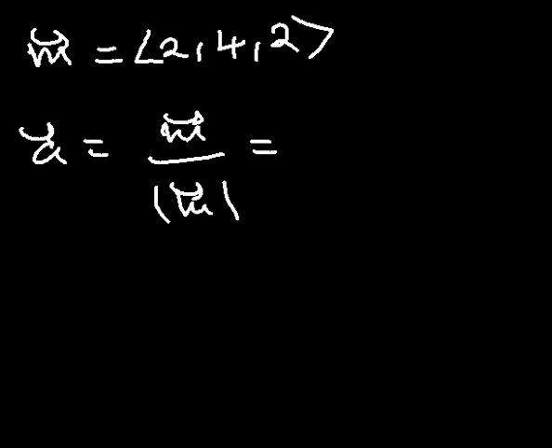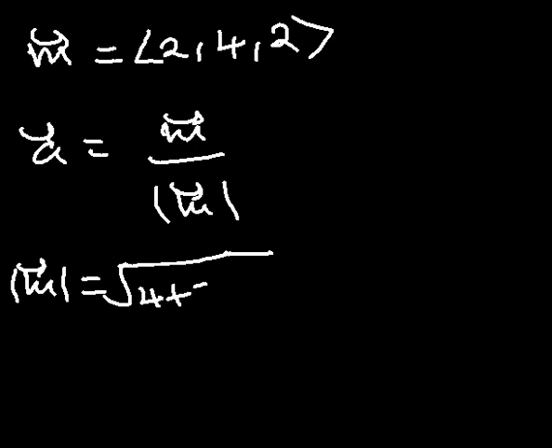The magnitude of the vector m is the square root of 4 plus 16 plus 4, which is the square root of 24.